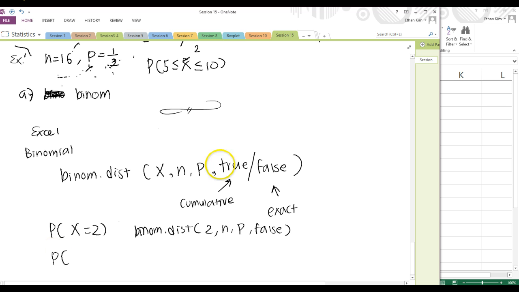And if you're looking at less than or equal to 2, then everything stays the same except for this part. You're going to put in true.